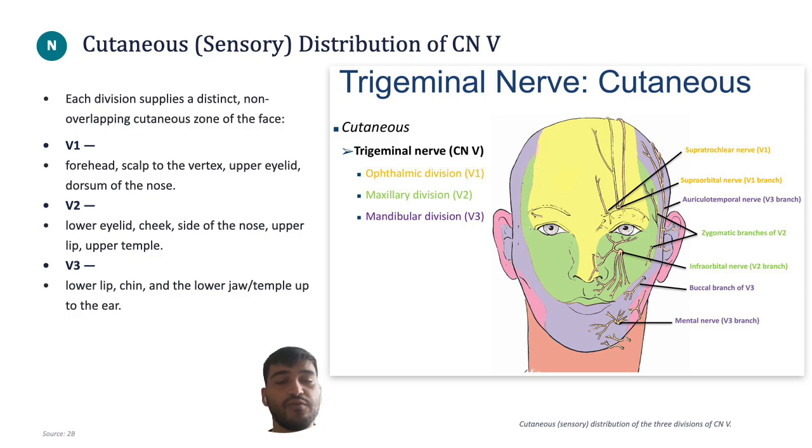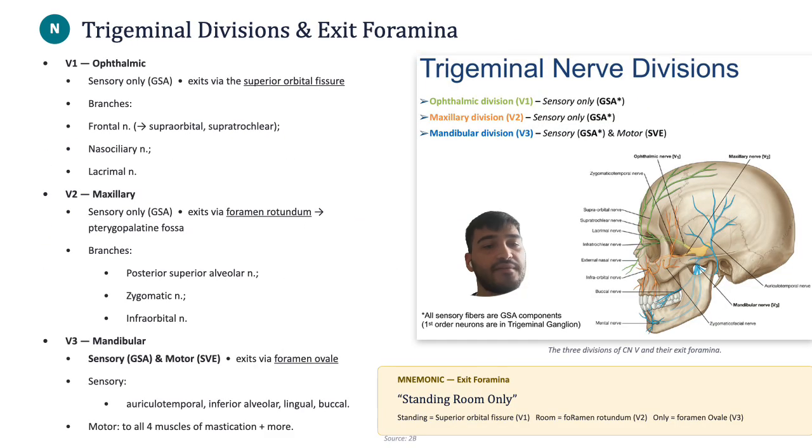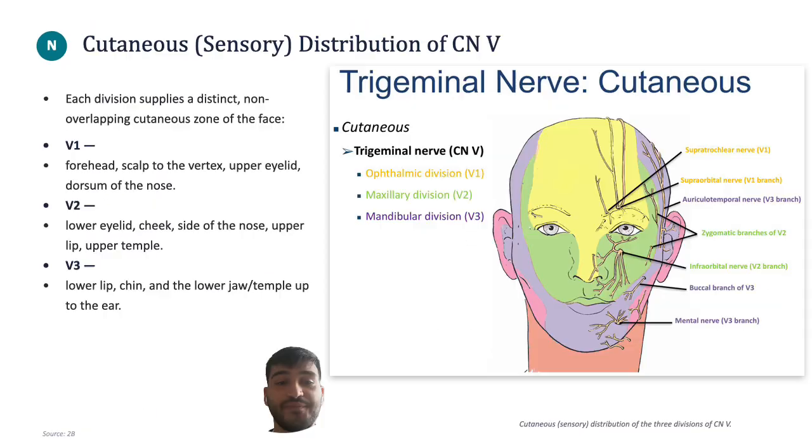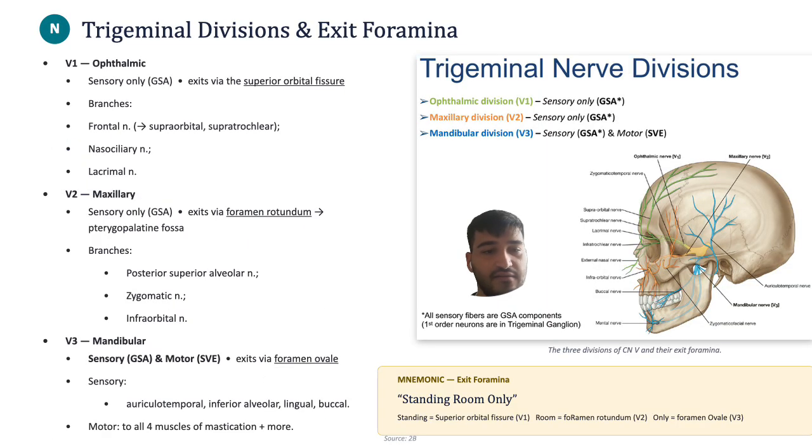We have auriculotemporal. That was inferior alveolar, obviously our main one in dentistry. Then lingual, another big one for dentistry. And of course, buccal, another big one. And here they show the buccal branch of V3 and the mental. I feel like that should have been included there.